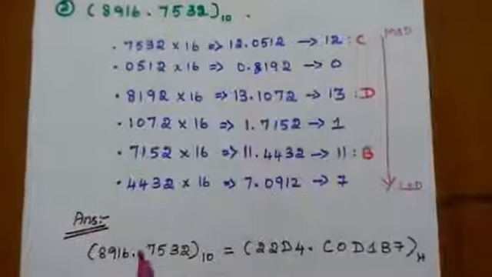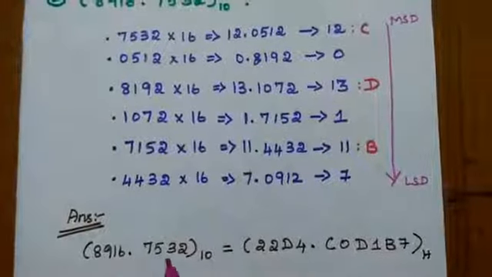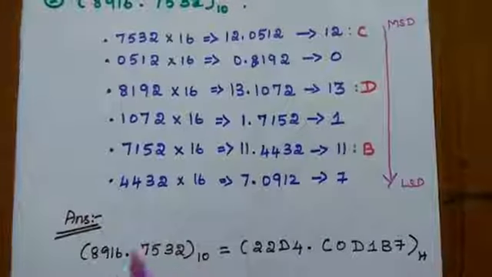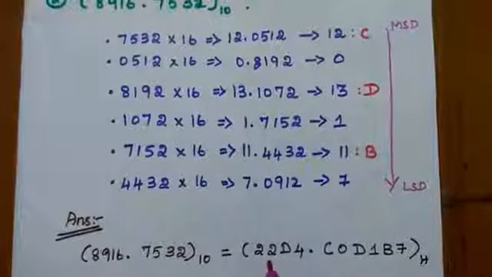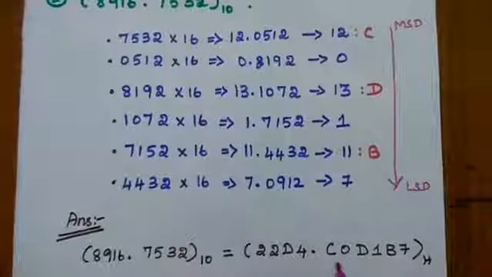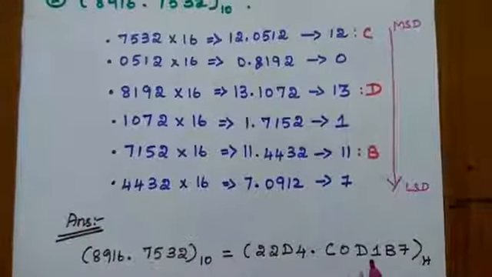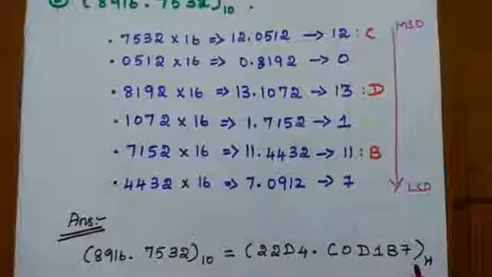Okay. So the final answer is that the decimal number 8916.7532 is converted to 22D4.C0D1B7. Okay.